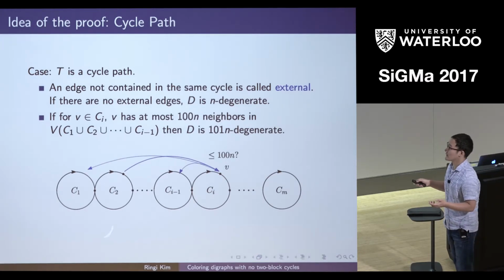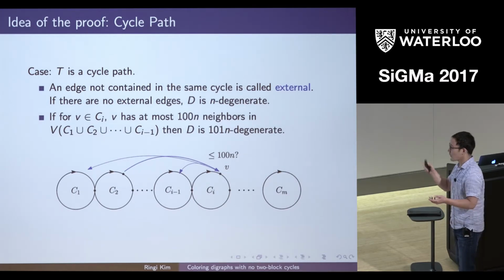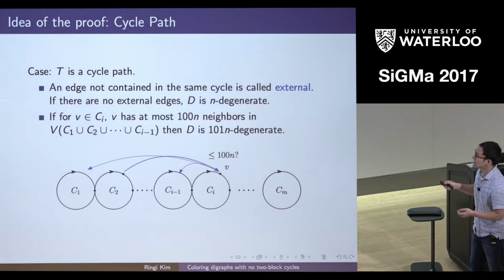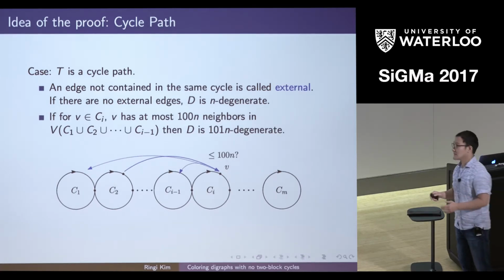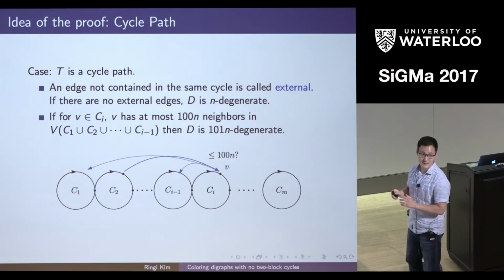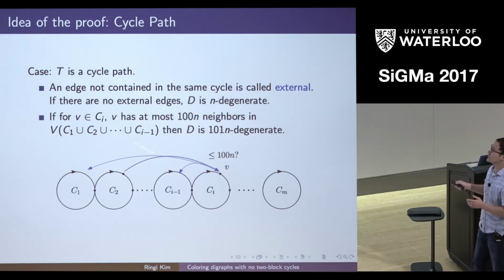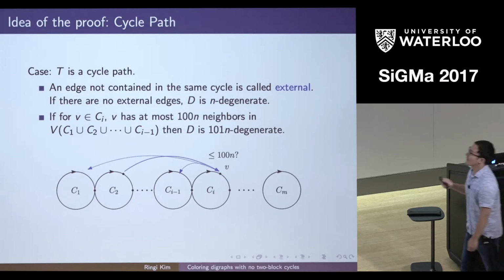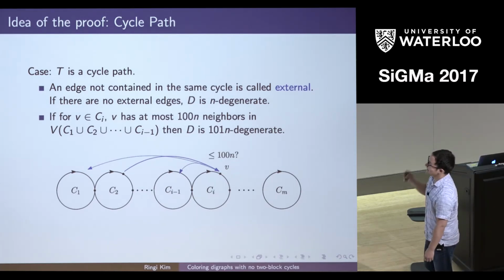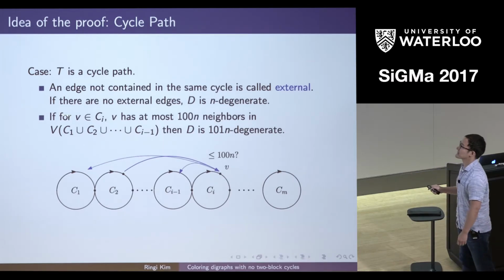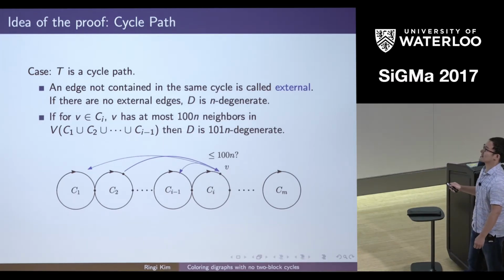Starting with coloring C1 and C2, when you color vertices in Ci, because it has at most 100n neighbors in this part, and Ci is n-1 degenerate, we can color greedily. So actually, if that's true, then D is 100n degenerate. But this assumption, of course, is not true.